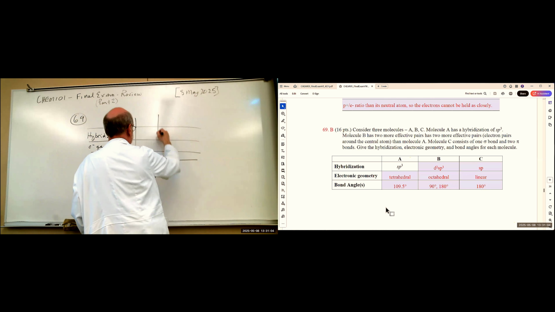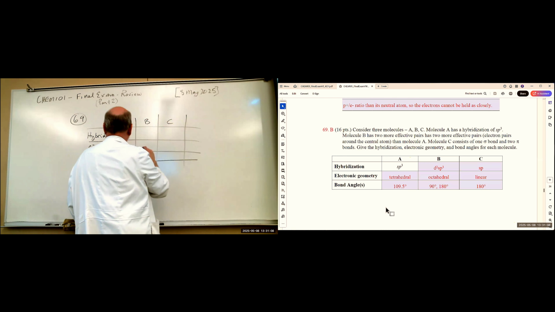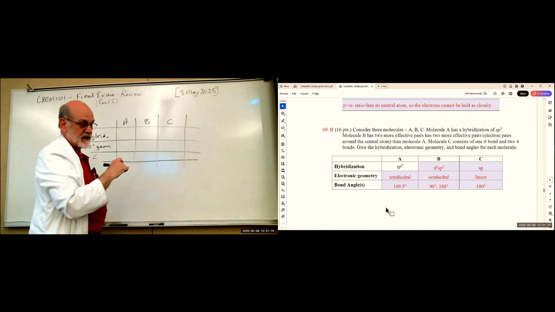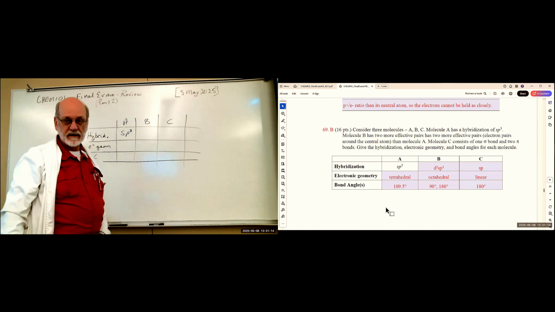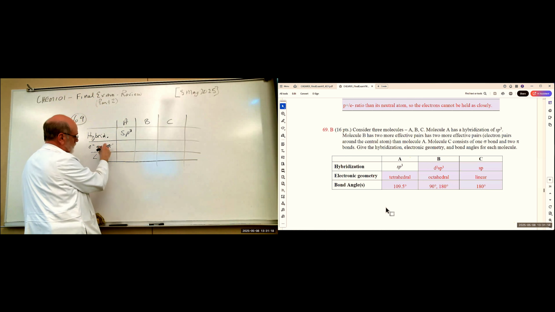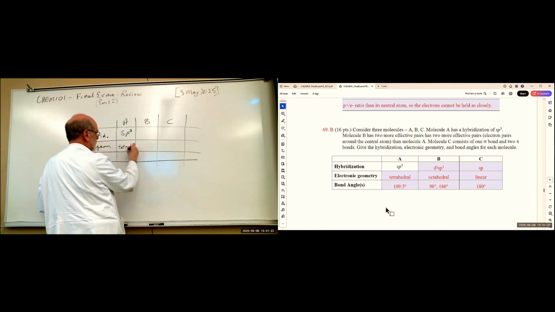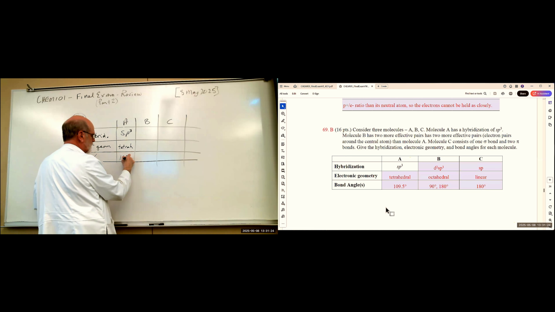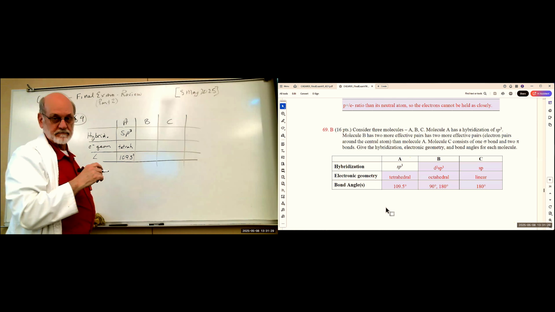Okay. A, B, and C. Our starting point is A with an sp3 hybridization. We know that electronic geometry is going to be tetrahedral and its bond angles are going to be 109.5 degrees. That's given.